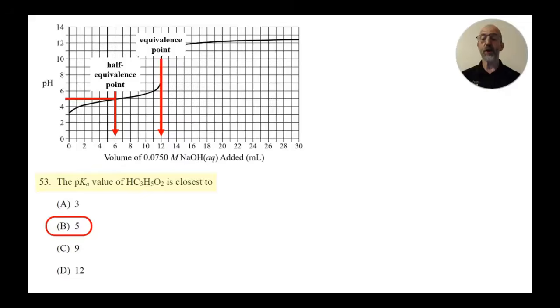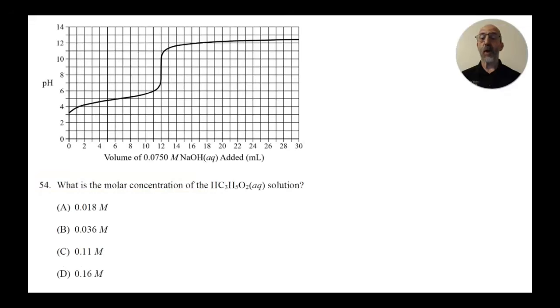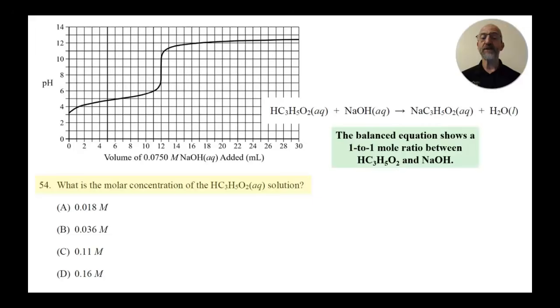Now let's move on to question 54. In question 54, we have to calculate the molar concentration of the propanoic acid solution. Remember that they gave us a balanced chemical equation between propanoic acid and sodium hydroxide. There is a 1-to-1 mole ratio between the propanoic acid and the sodium hydroxide.